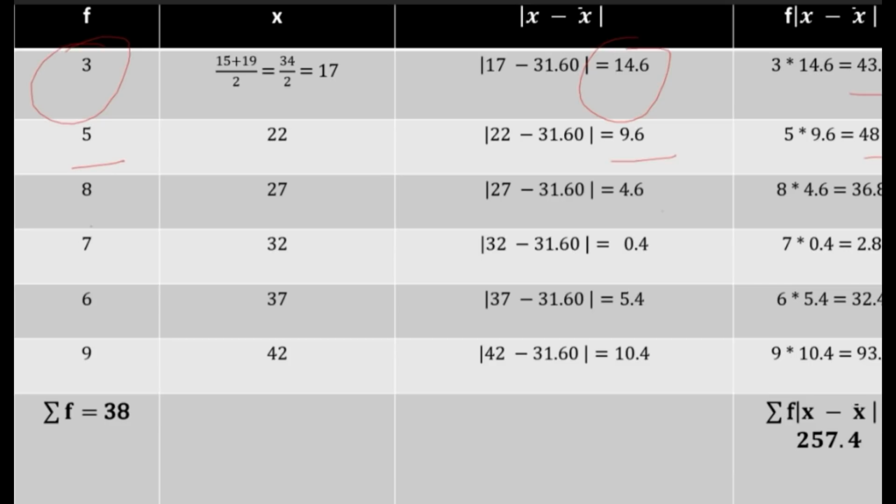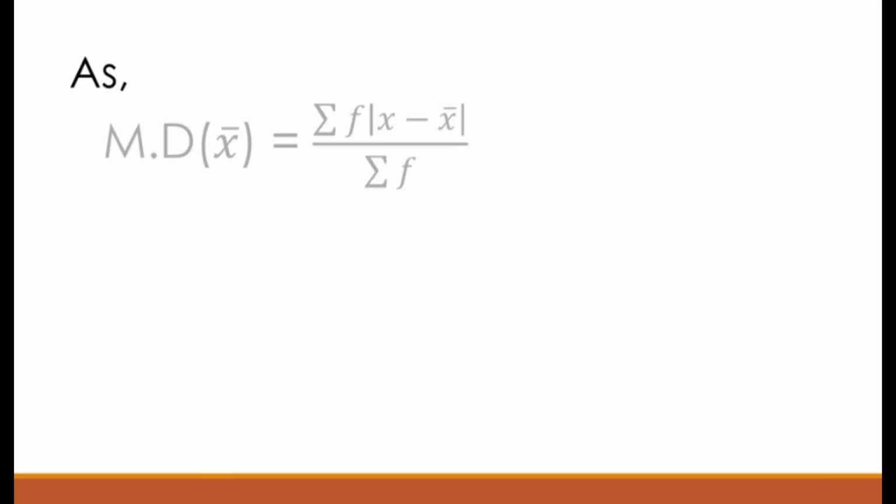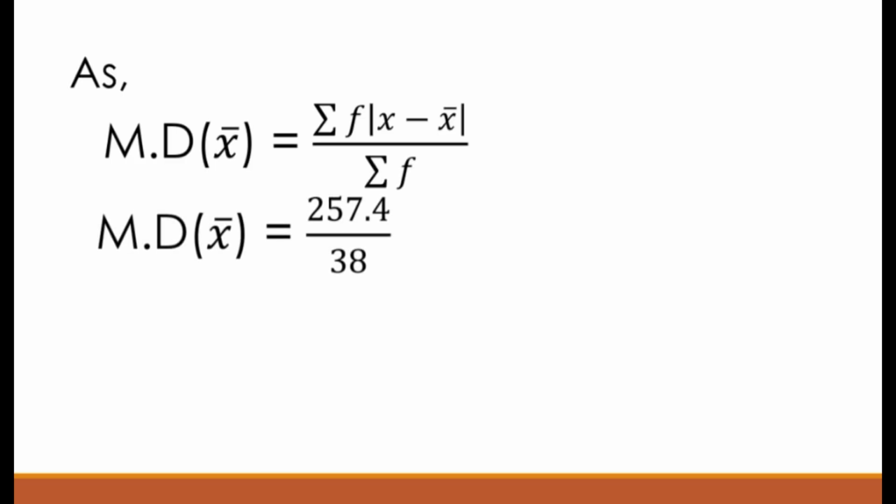In the last, you add all these values and you get 257.4. The formula is summation f into the absolute value of x minus mean, divided by summation f. 257.4 divided by 38, the answer is 6.77. This is the mean deviation about mean for the absolute measure of dispersion.